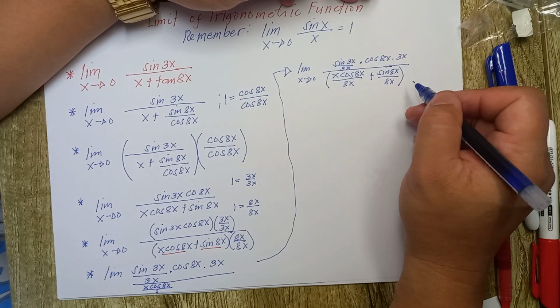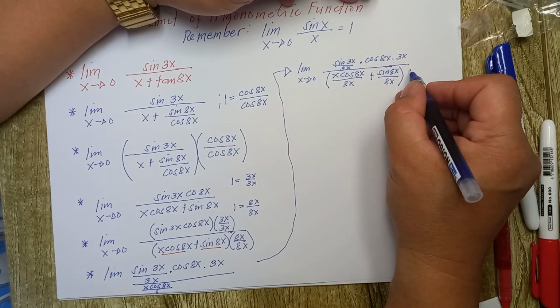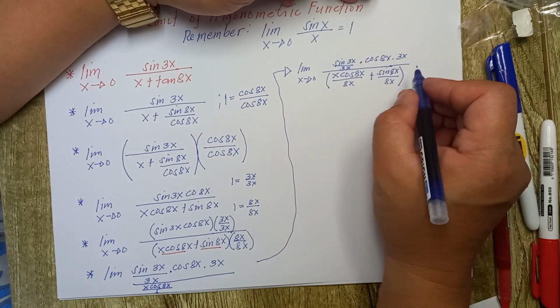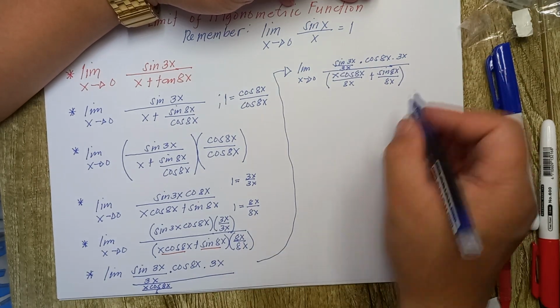So what remains on the other side? That is the same as this one, 8x.